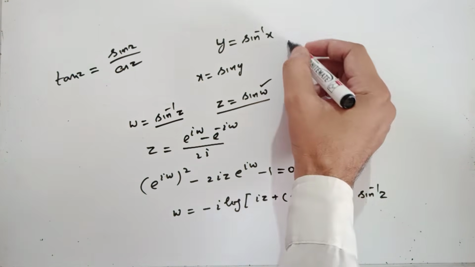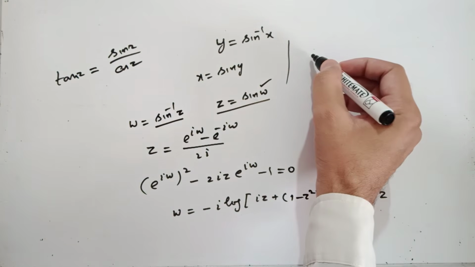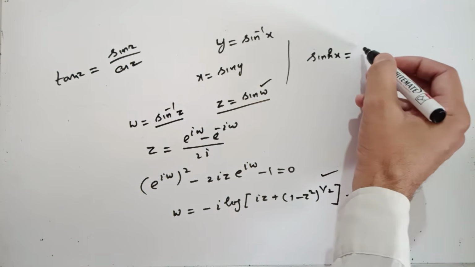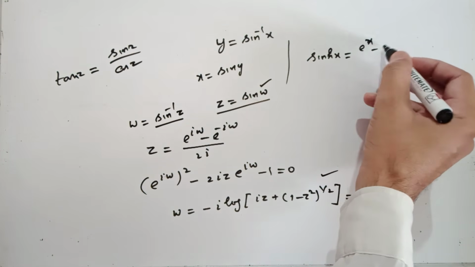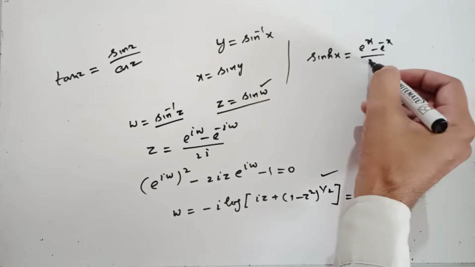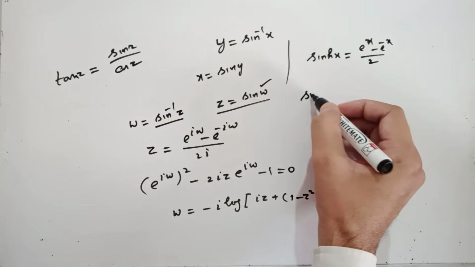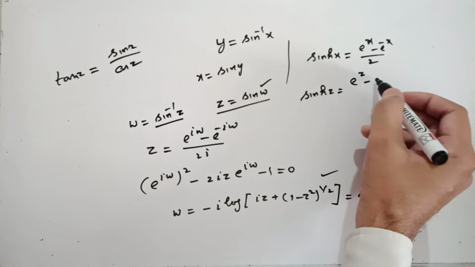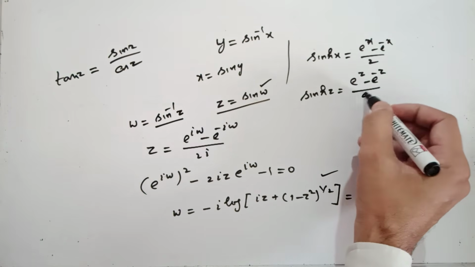I have already defined real hyperbolic functions. Sine hyperbolic x, how to define? E power x minus e power minus x divided by 2. In analogy to this, in complex analysis, sine hyperbolic z is defined as e power z minus e power minus z divided by 2.